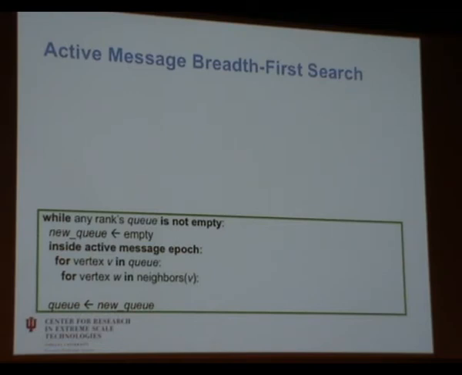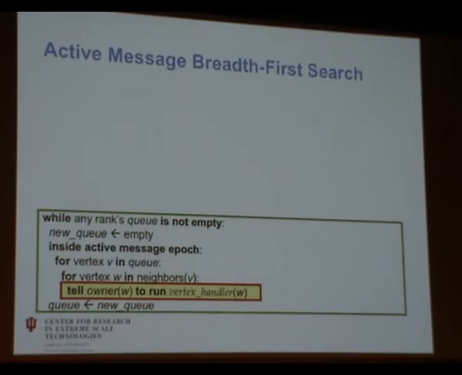Now the problem is that these neighbors might be remote. And so that's not going to be something you can handle just on this node. And so therefore we have to send a message to the remote node. And we're going to tell the owner of that vertex to run the vertex handler. Now, what is the vertex handler?